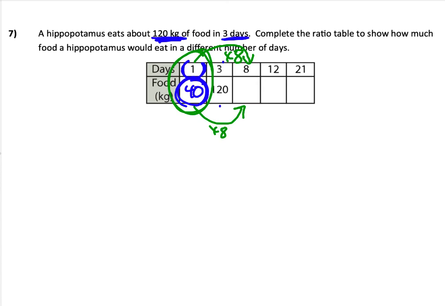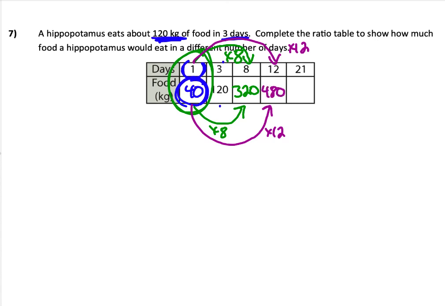I treat them both equally, and I get 320. To get from a 1 to a 12, I would simply multiply by 12. So I'm going to do the same thing to my 40. They're both going to grow at the same rate, but those arrows help me focus on which numbers I'm looking at and what number I'm multiplying by, and I would get 480.